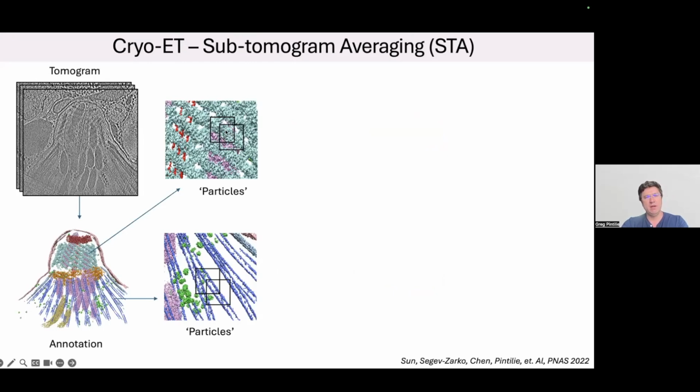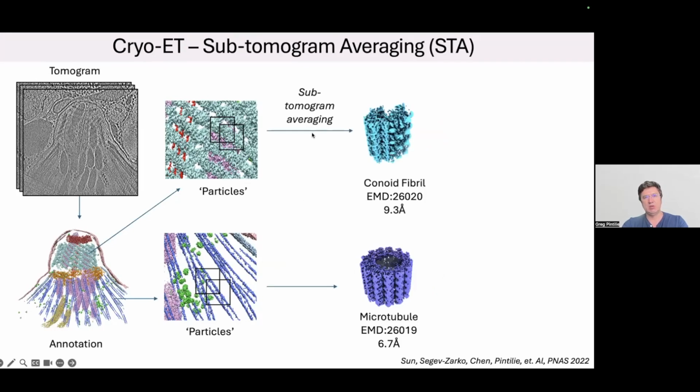And if they are repeating, we can extract these as particles and then create sub-tomogram averages, which go to higher resolutions. So for example, this particular fibril was averaged to about 9.3 angstrom resolution. And this other linear fibril that turns out to be a microtubule was averaged to a little bit higher resolution of 6.7 angstroms.